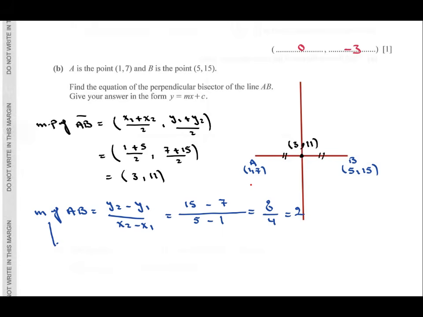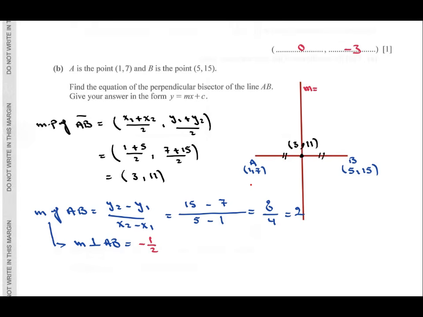Then the gradient of the perpendicular to AB, we have to find the negative reciprocal. We have to flip and change the sign. Then the gradient of the perpendicular to AB will be negative half.